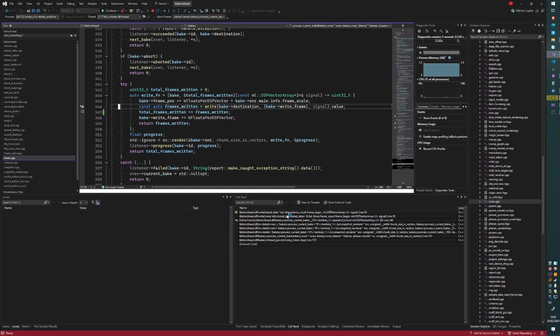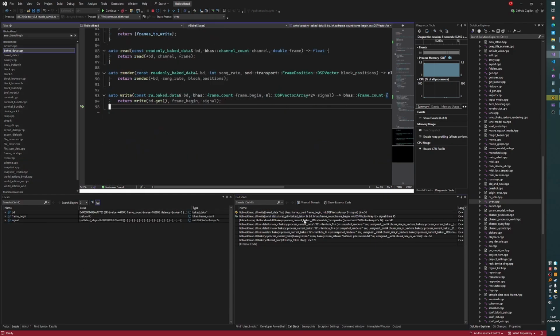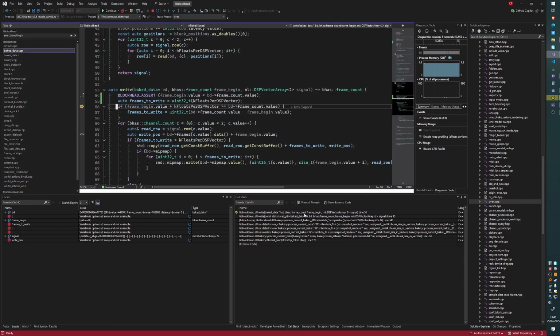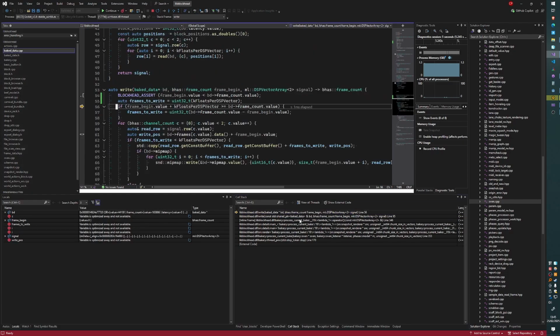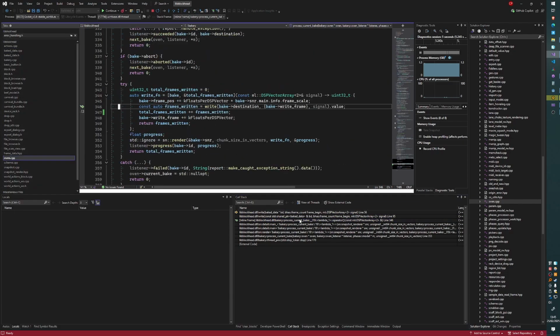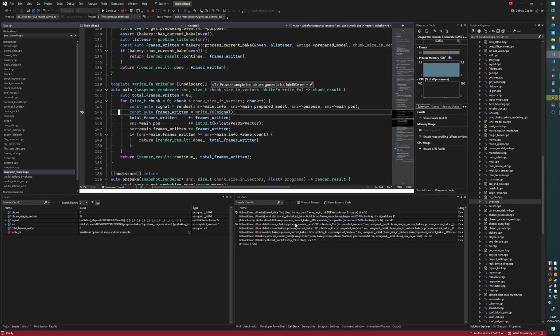I think I see the issue. Chunk size in vectors 32. We're rendering multiple chunks or multiple vectors.